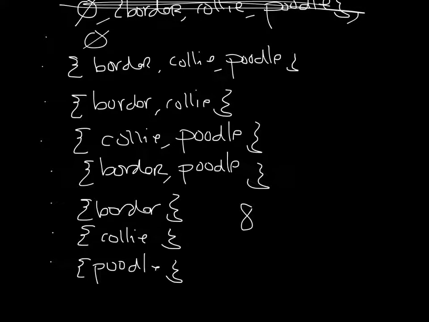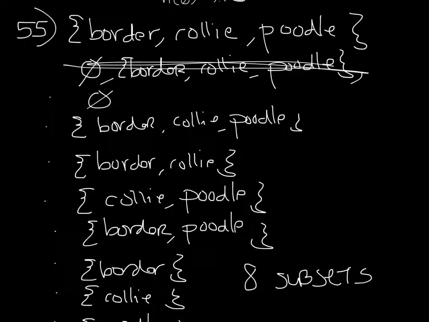There are 8 subsets. Now notice that these are 8 subsets, but one of them is not distinct, right? It's not different. This was our original set, and notice that's still a subset of itself, but it's the same one. I mean, it's not a proper subset. So these are all proper subsets.